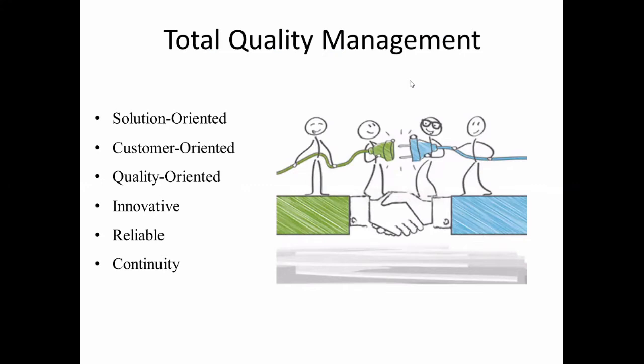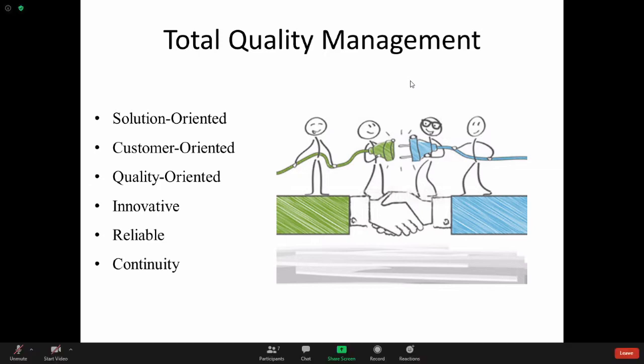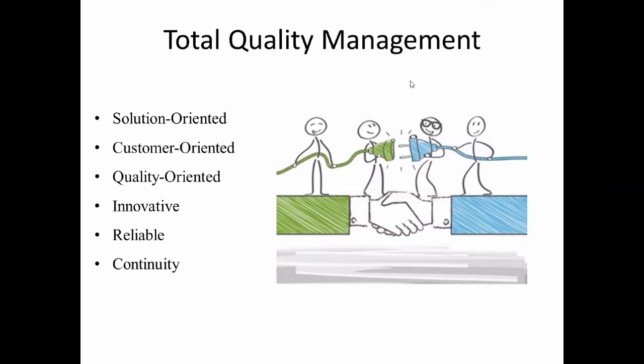And the quality management. As we look at the complete production, we try to always be solution oriented. Sometimes we can have a problem or the customer can have a problem. We try to give them a technical solution.